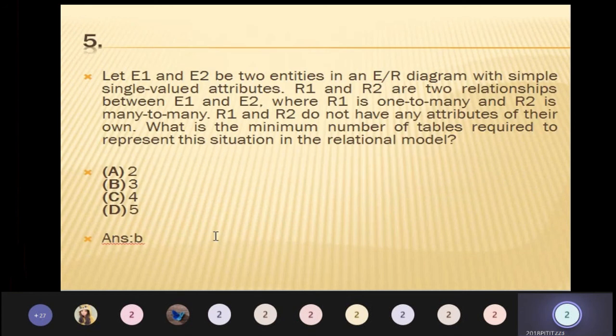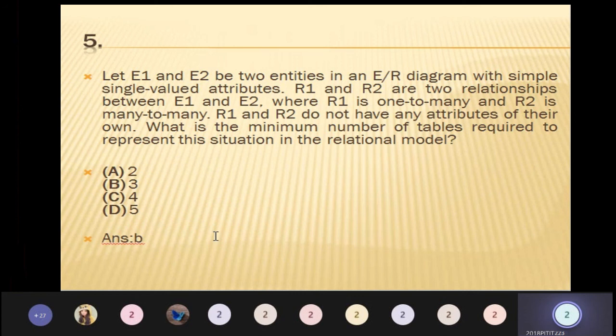And then the fifth question: let E1 and E2 be two entities in the ER diagram with simple single-valued attributes. R1 and R2 are two relationships between E1 and E2, where R1 is one to many and R2 is many to many.